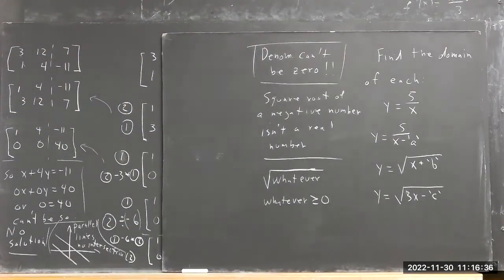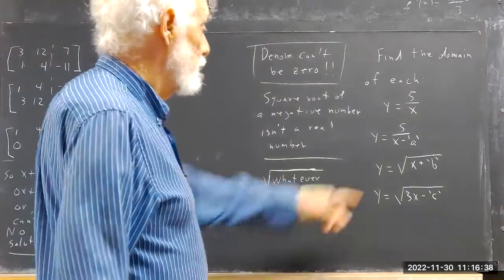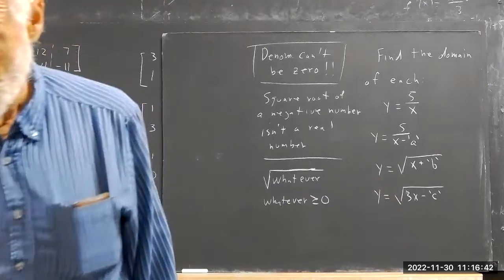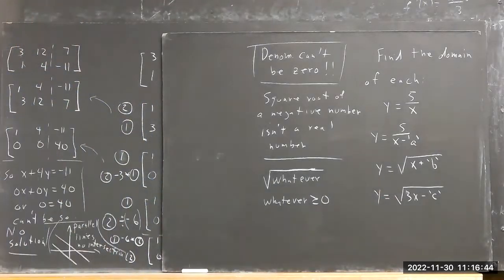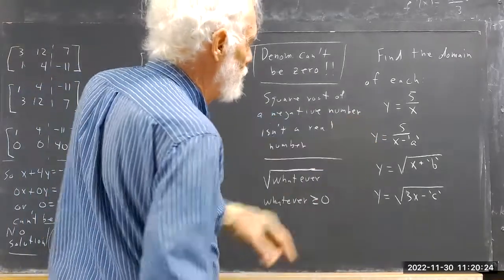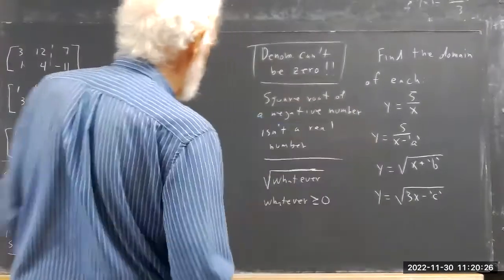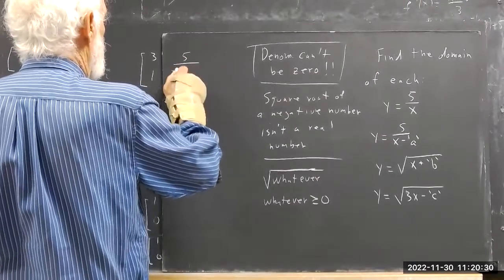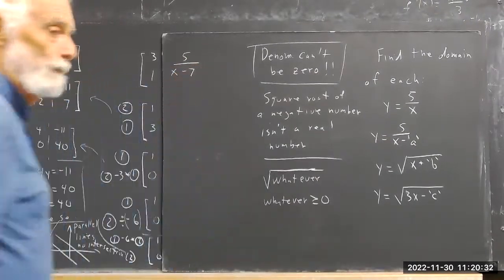Okay, so see if you can reason this one out, and then see if you can reason this one out. The little switch you have to turn to apply this to this. Let's say you have 5 over x minus 7.